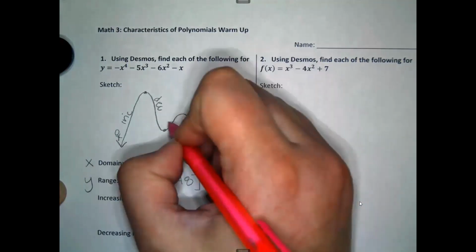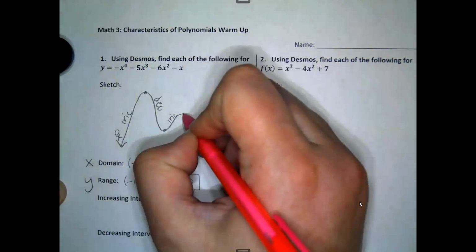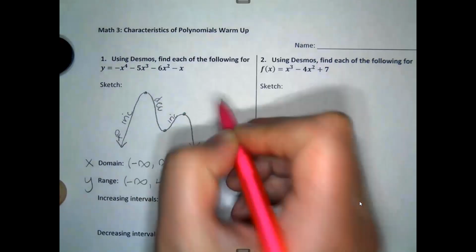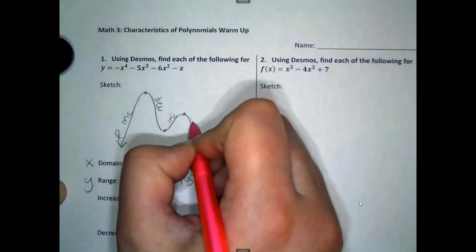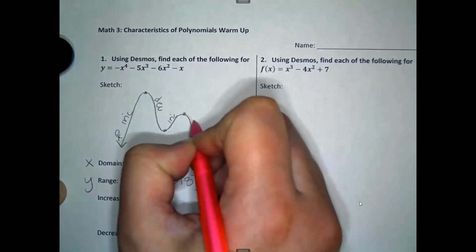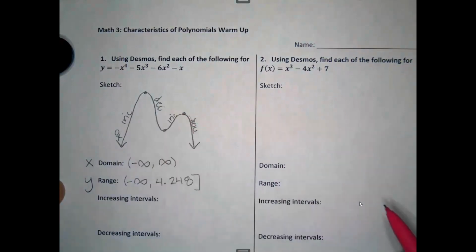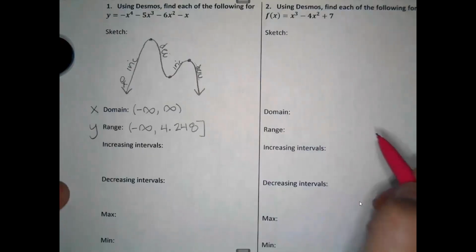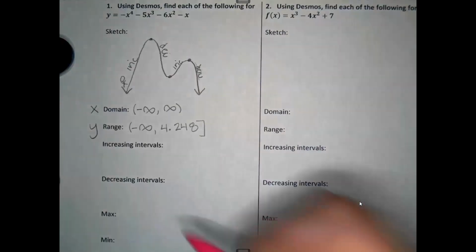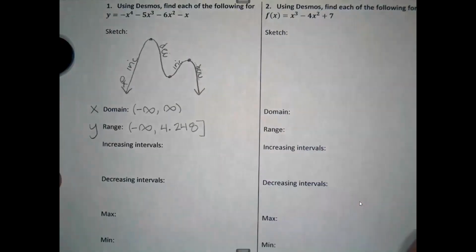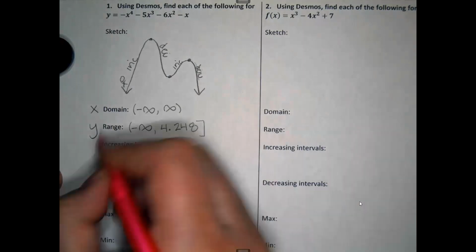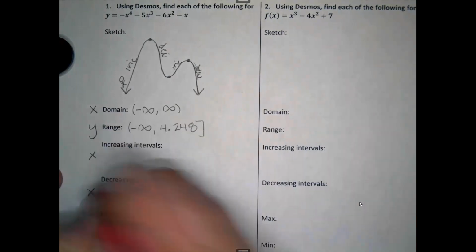And now he's going uphill again. He gets to this smaller mountain, and then what happens? Now he's going down again. So we're going to have 2 answers for increasing and 2 answers for decreasing. And when we do increasing and decreasing intervals, do we use x coordinates or y coordinates? We always use x coordinates for increasing and decreasing.